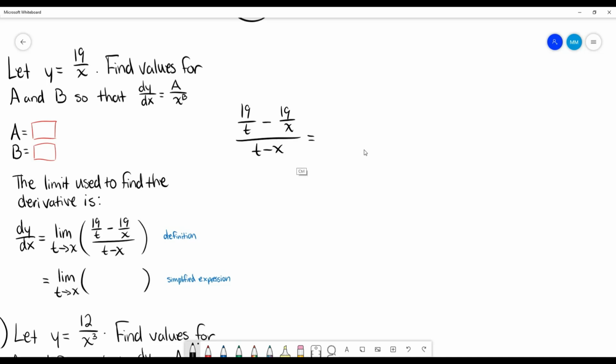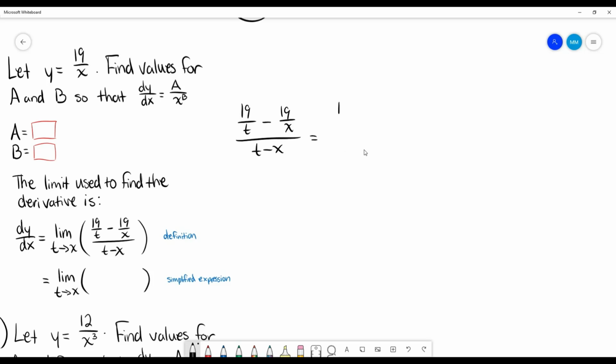I am just going to work with it algebraically like this. So I'm going to focus on this top bit here, and I see that they do not have a common denominator, and I want them to. I want to combine these two fractions, so I'm going to give them the common denominator of t times x. Pretty simple, just multiplying our denominators.